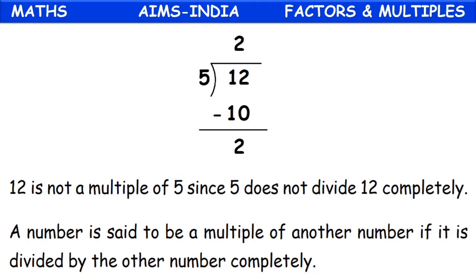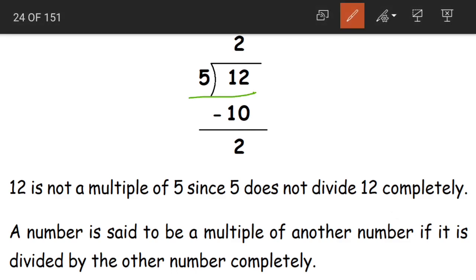Now, note here, if we take 12 and 5 together, 12 is not a multiple of 5 since 5 does not divide 12 completely. If we divide 12 by 5, we have 5 2s are 10 and when we subtract, 2 will be remaining. Yes or no? So here our remainder is a number other than 0.